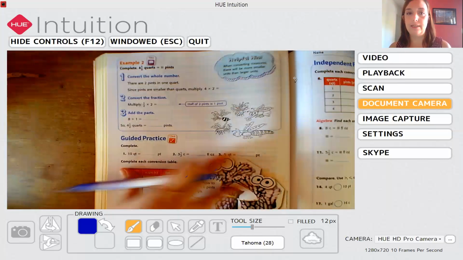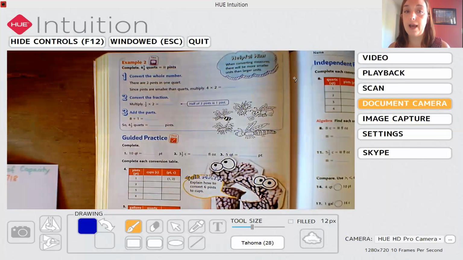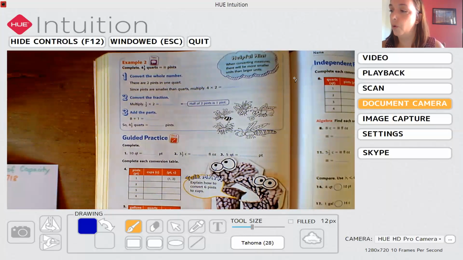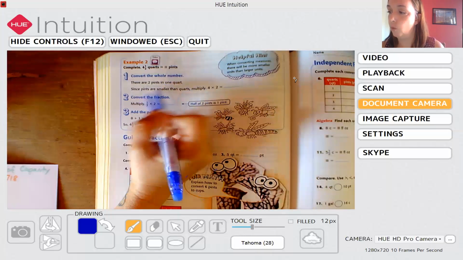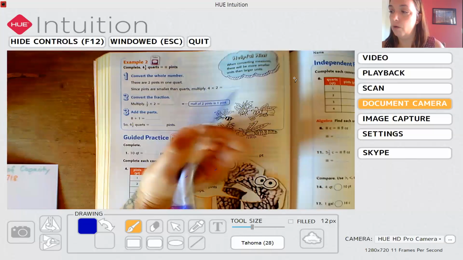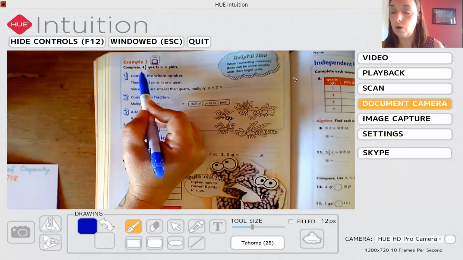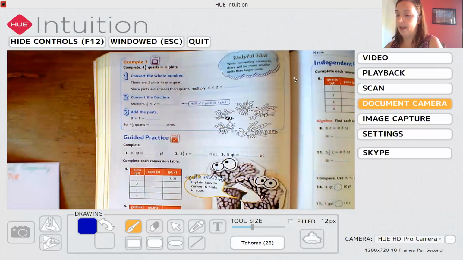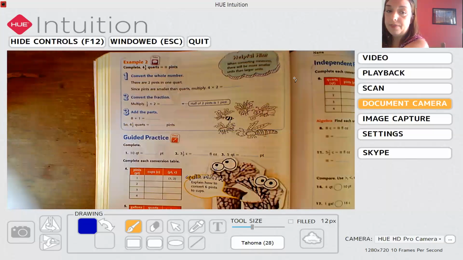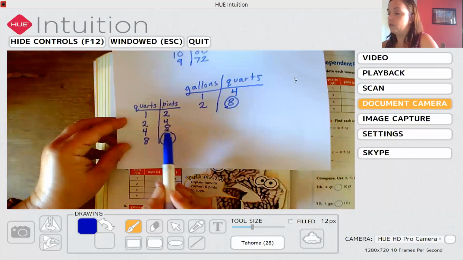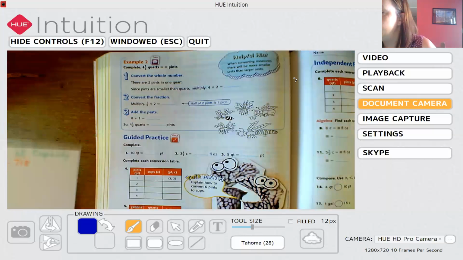Example 2 says, complete: 4.5 quarts equals how many pints? First, we're going to convert the whole number. There are 2 pints in 1 quart. So if there are 4 quarts, we found on our ratio table that there are 8 pints, because 4 times 2 is 8.